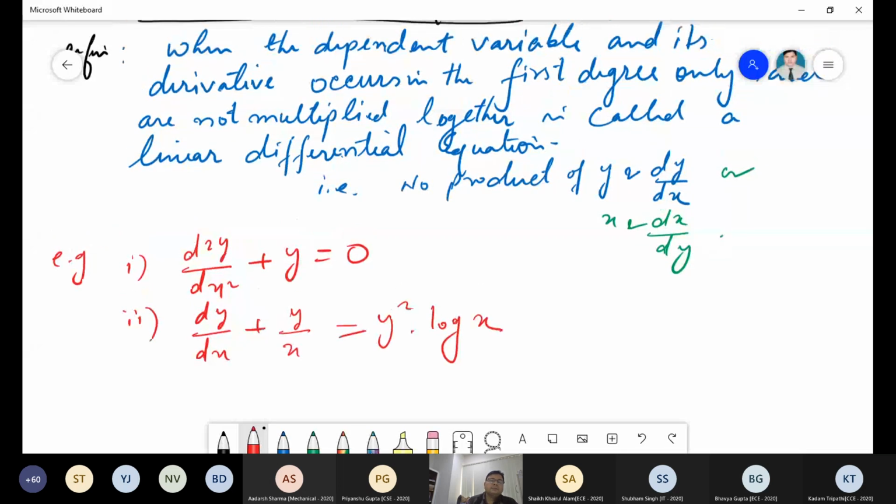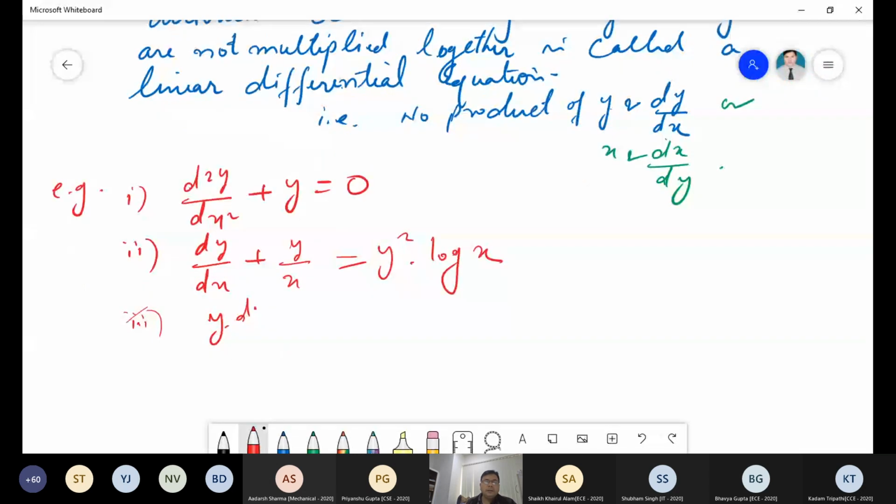Third: y into dy by dx minus x minus 4 equal to x. Which is linear or which is not linear?